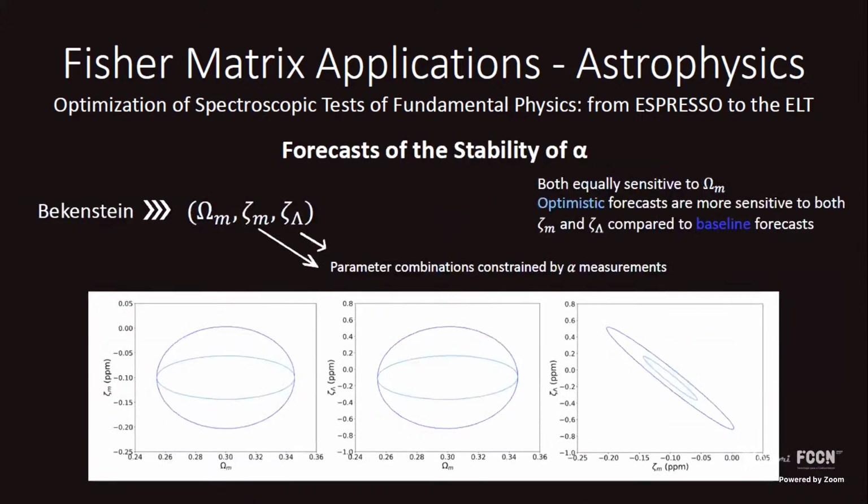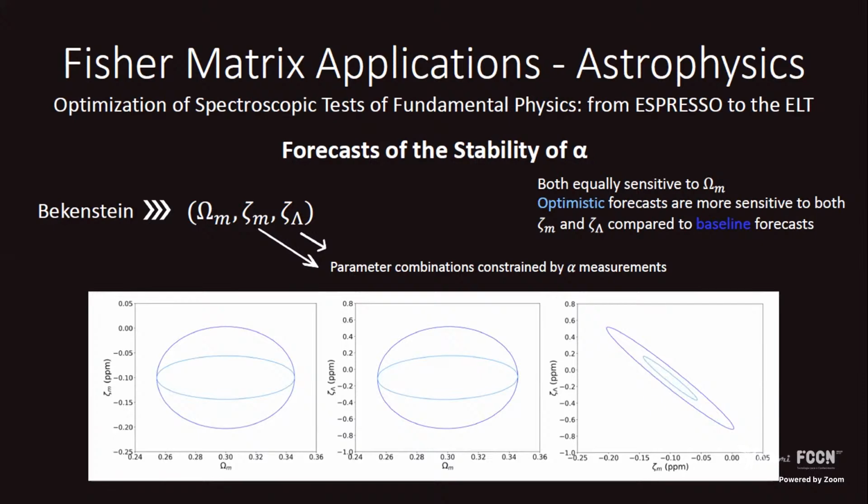So now I can introduce you the stability of alpha, so the variation of alpha. I use the Bekenstein model, where we have the omega m, the zeta m, and the zeta lambda. And in fact, the zeta m and zeta lambda are the parameter combinations constrained by alpha measurements. You can see in here, the light blue is the optimistic forecast for them, and the dark blue is the baseline ones.